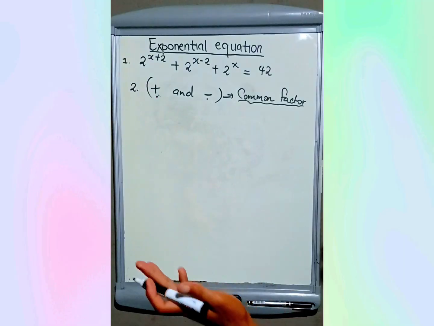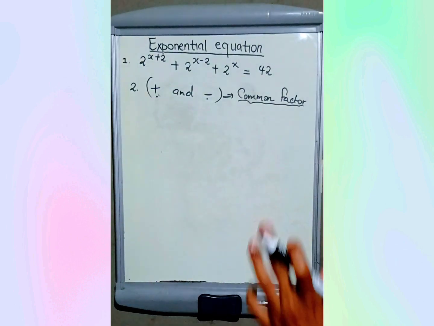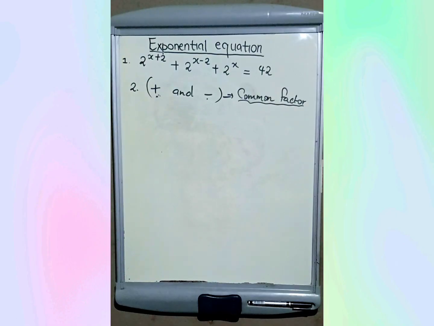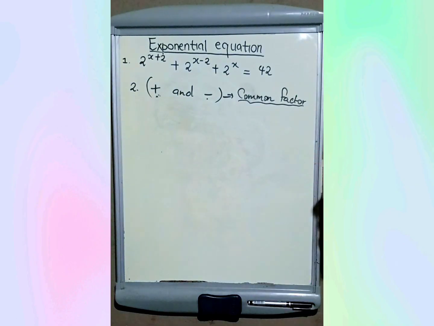After taking out the common factor, we divide by the number that is remaining on both sides, so that you are able to create the same bases. Then after that you drop the bases, you take the exponents, and you simplify the unknown variable that you are solving. Then it's very simple to solve the exponent.